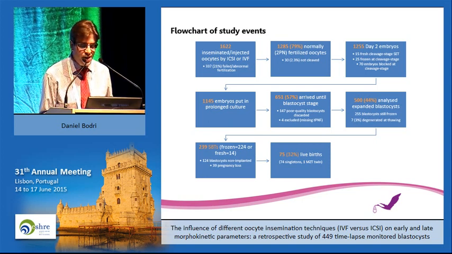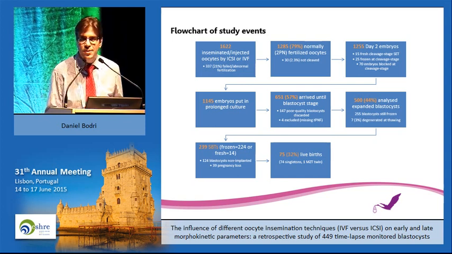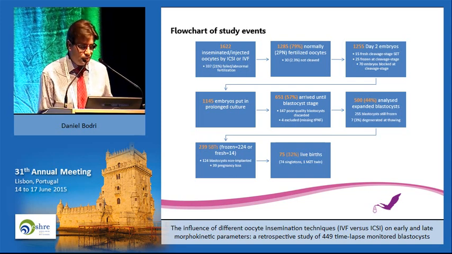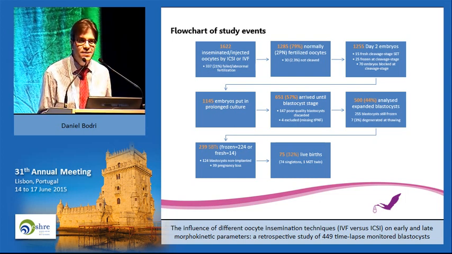You can also appreciate that practically all cleavage stage embryos were put into prolonged embryo culture, and that the blastulation rate at the expanded blastocyst stage was 44%. Subsequently, almost all expanded blastocysts were vitrified electively, and during the study period, 239 single blastocyst transfers took place, resulting in 75, mostly singleton, live births.